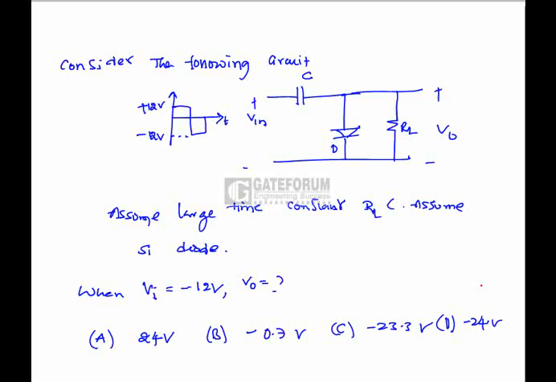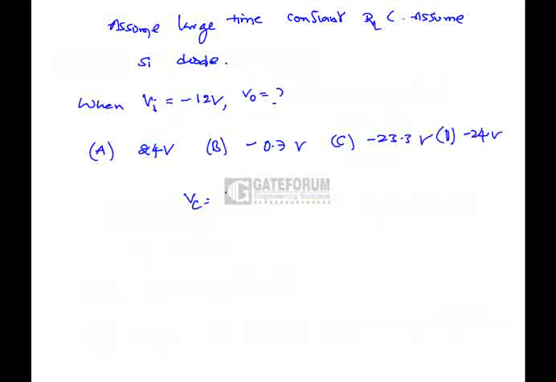Question is, consider the following circuit. Assume large time constant RLC. Assume it is a silicon diode, means whose forward drop is 0.7. If we look into the figure, it looks like a negative clamp, means it will shift the complete waveform towards the negative side. Means the capacitor, initially the voltage across the capacitor is charged to 12 minus 0.7, which is 11.3.